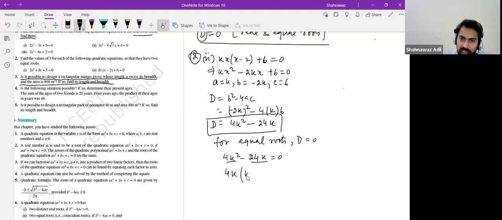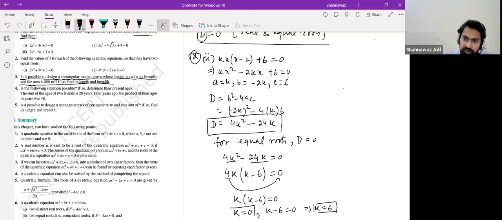So this would be k minus 6. So this is 4k, and k minus 6 is 0. So first would be k equals 0, and the second would be k minus 6 equals 0, which gives k equals 6. So these two values. Right, guys?